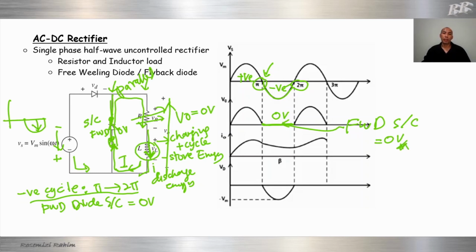At this time, from pi to 2 pi, in terms of current, before that the current is fully charged, then the current will be reduced. However, the decay of the current is not too much.